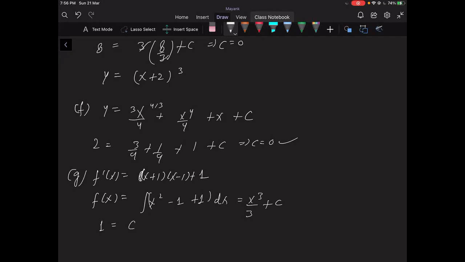What C did you get? I got C is 2. What have I done wrong?